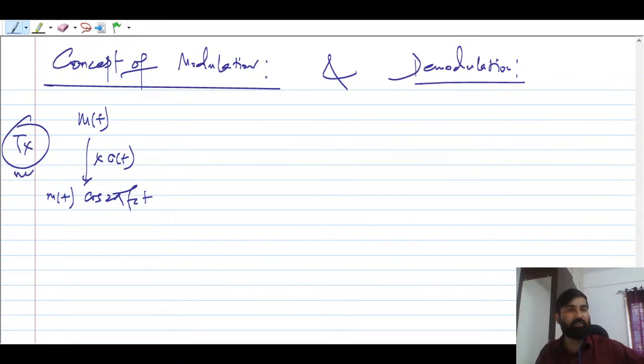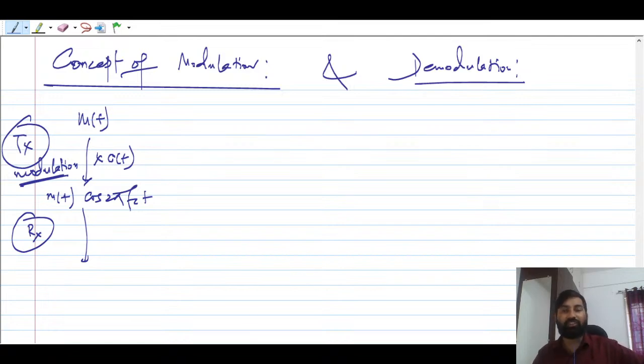So at transmitter modulation is going to take place. But at the receiver, since your massive signal is basically a low frequency signal, at the receiver you need to recover back your massive signal, right? So what you will do, you will go for demodulation. So what is the meaning of demodulation? Demodulation will be there at receiver.